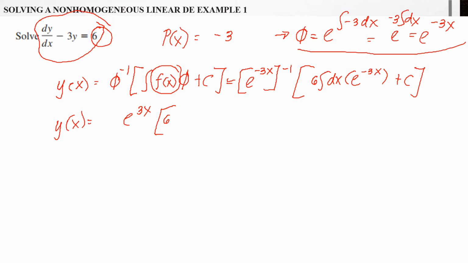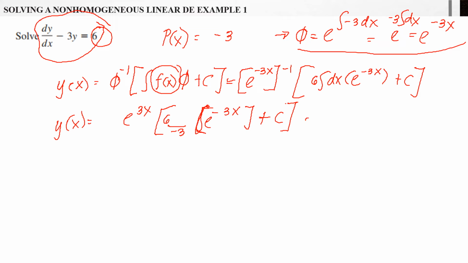So you have negative 3 multiplied with the integral of e to the negative 3x, plus c.